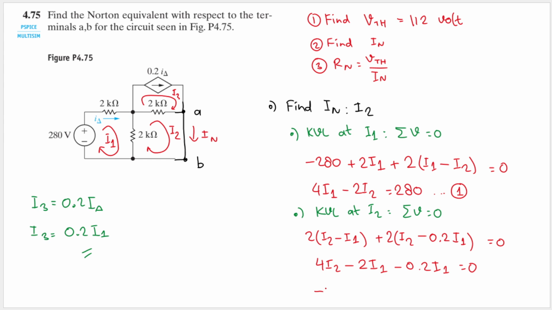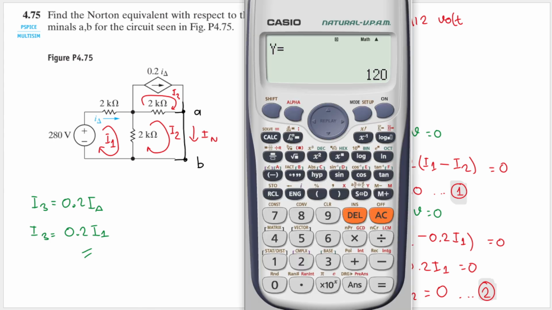And now we'll have minus 2.2 I1 and then plus 4I2, all of that equal to 0. And this is the second equation. Okay, now we have two equations with two variables. We should be able to solve this, right? Using the calculator. So let's do exactly that.